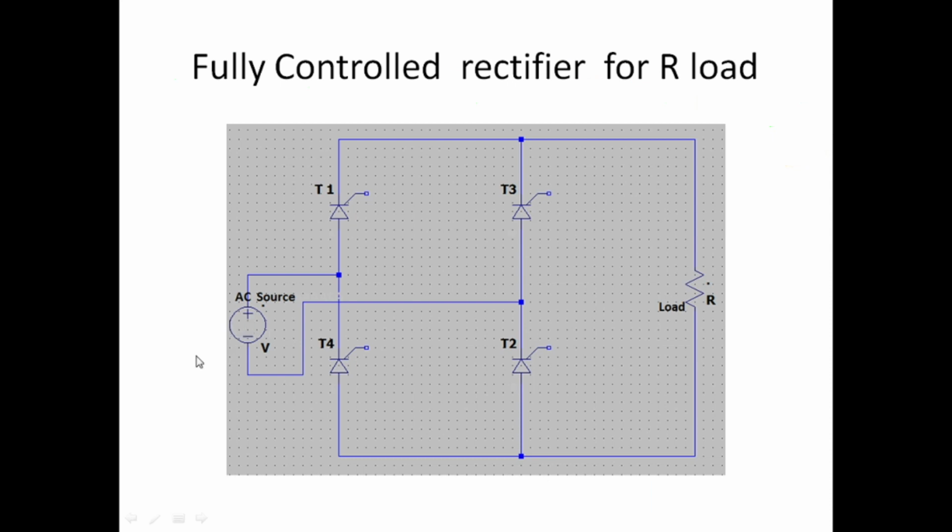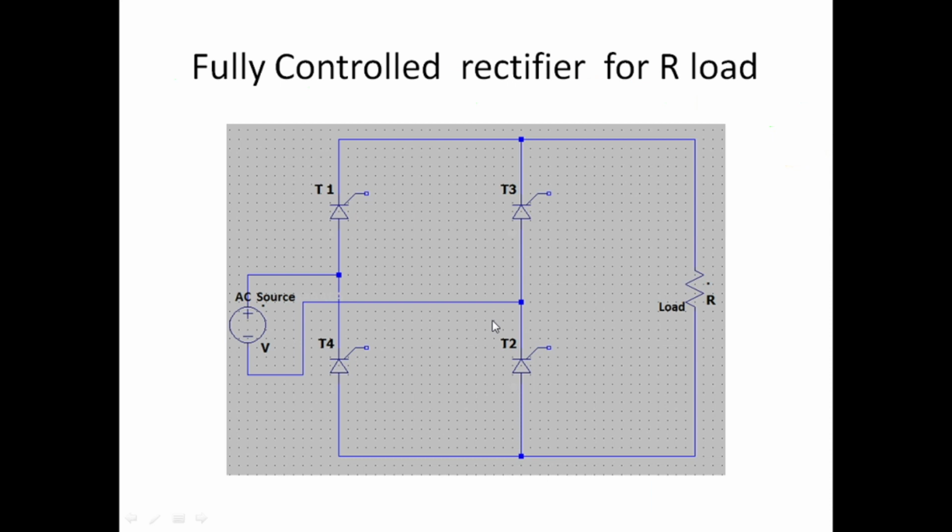The primary is connected to the power supply, the sockets in the wall of our home or somewhere. Then the secondary of the transformer is connected here. I am considering the secondary of the transformer as the AC source for this circuit.